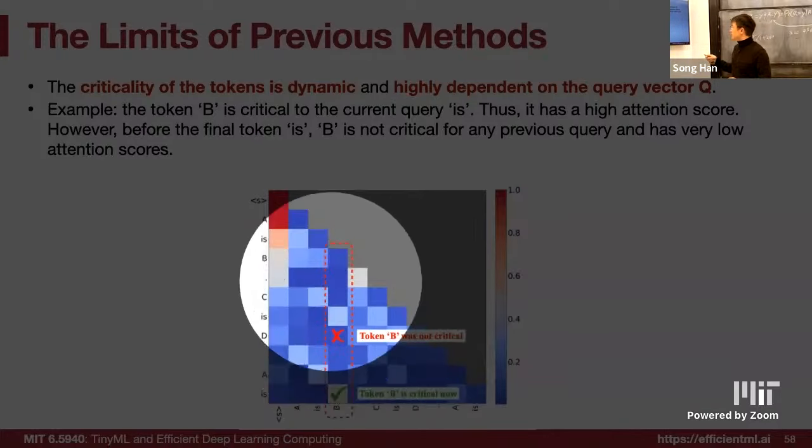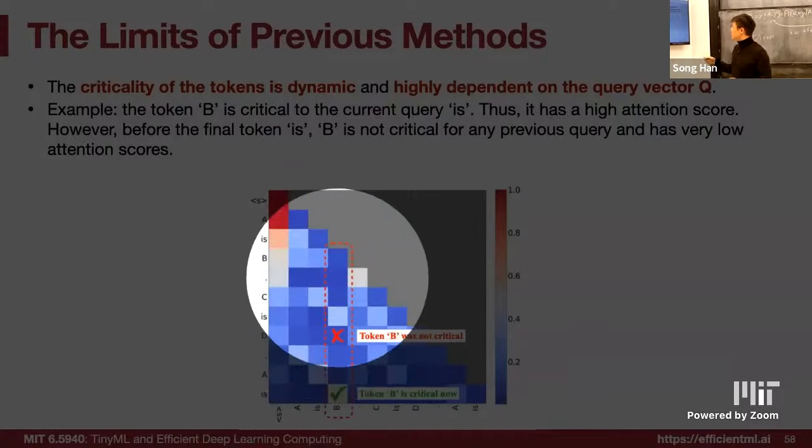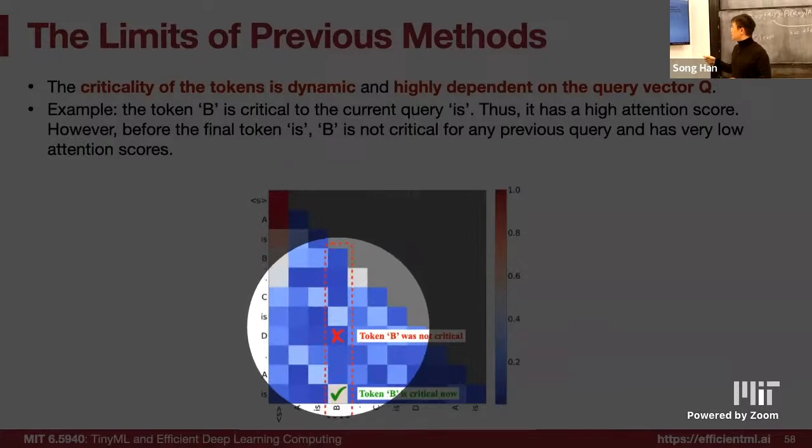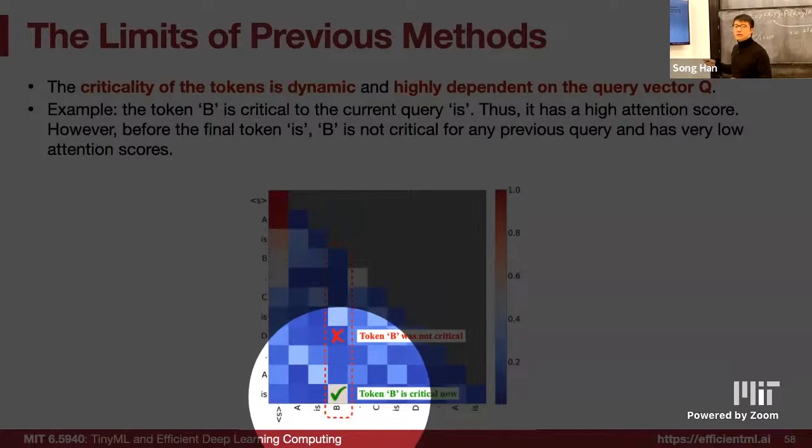You see the attention score associated with token B is very blue as of this moment. But as you continue to go deeper, at "A is," B suddenly becomes very important because the next token to decode is B.